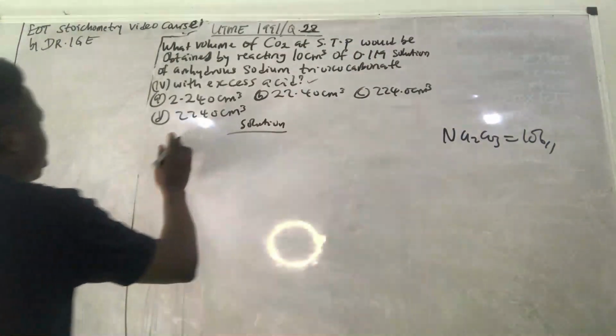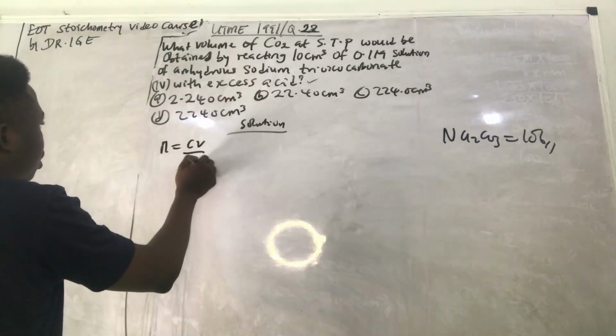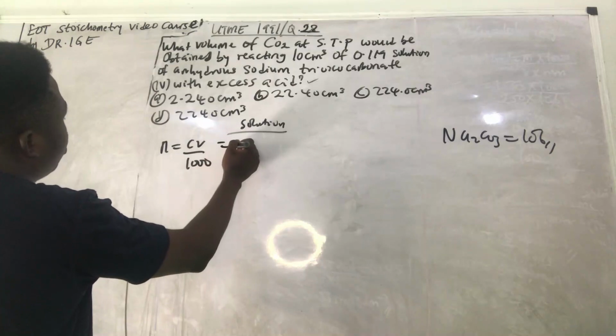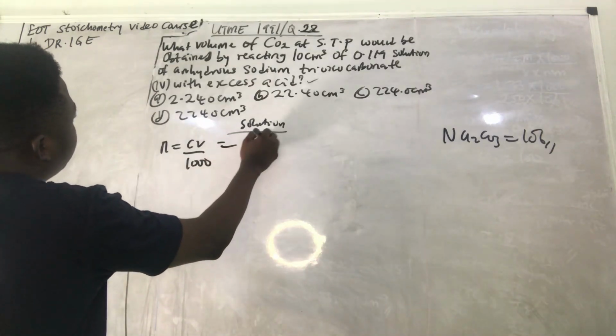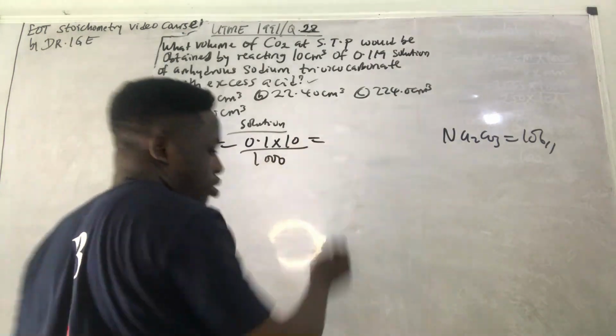This is not a complex case. Number of moles equals CV/1000, if V is in cm³. So we have C as 0.1 times V of 10, over 1000.